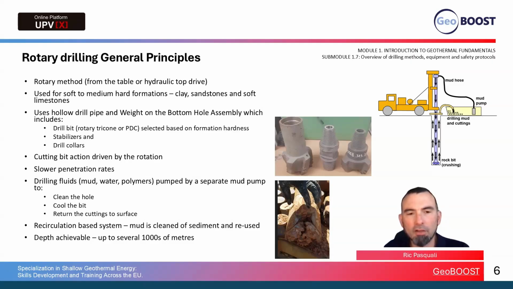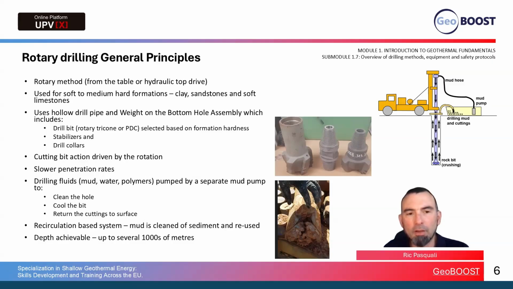So the machine effectively just rotates a string of hollow drill pipe, and an assembly which comprises a drill bit, drill collars, and stabilizers, which are all depicted in the diagram on the right.